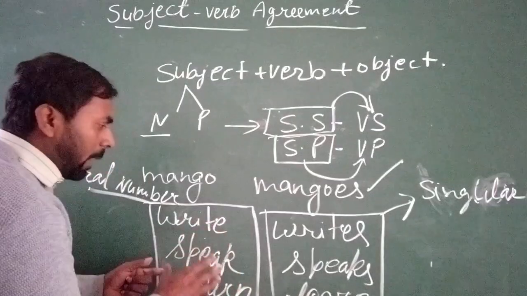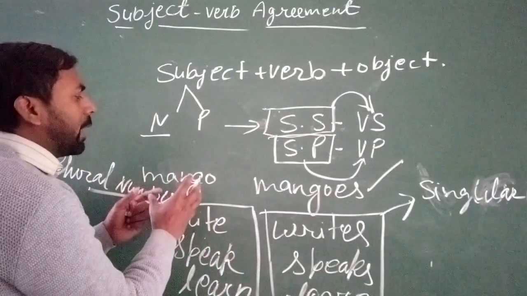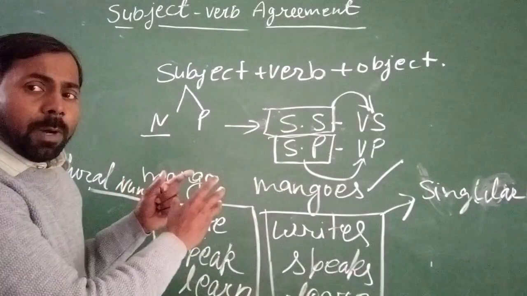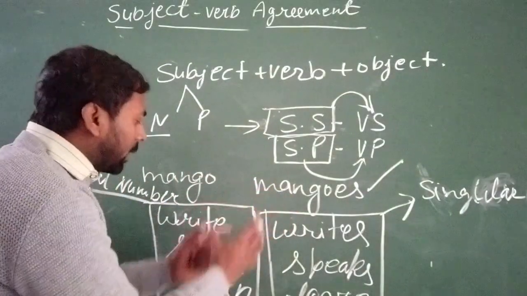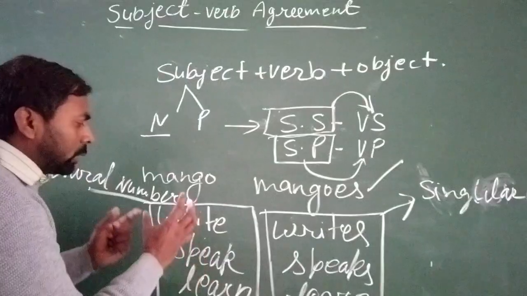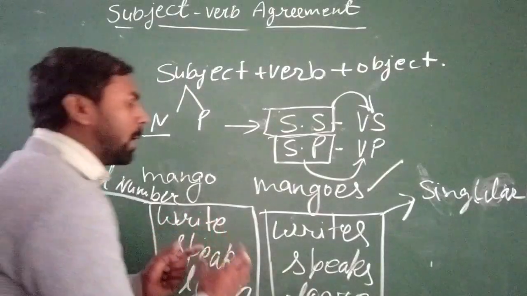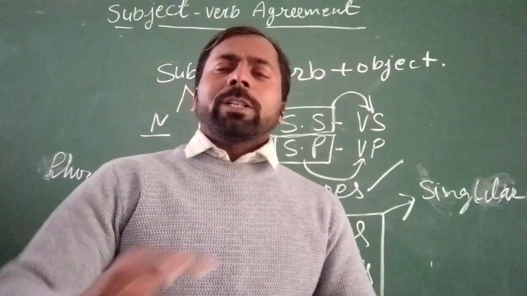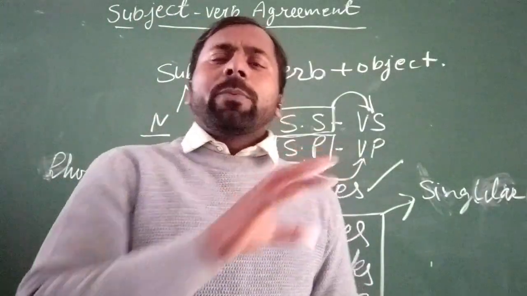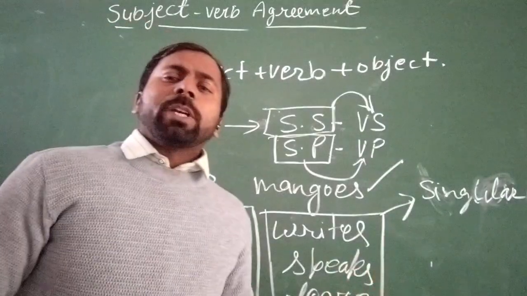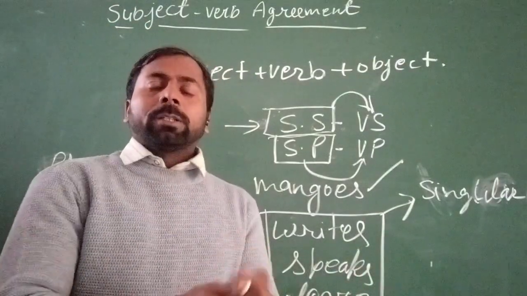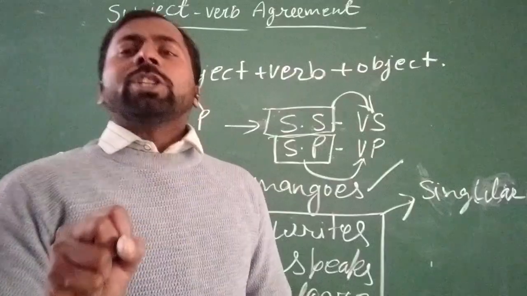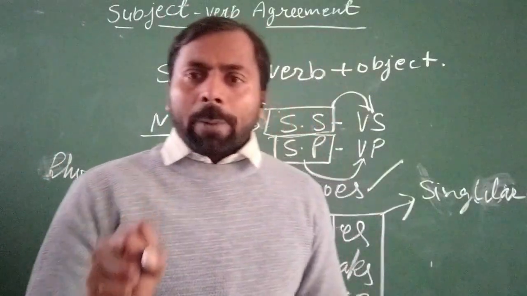And you know very well in which form we get the singular number noun word and plural number noun word, and in which form we get the singular number verb and plural number verb. So it is a simple way, a normal way. We always use this type of subject and verb. But there are many complications in our grammar books.